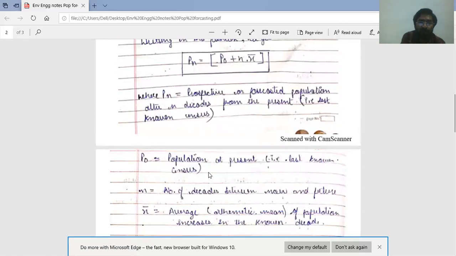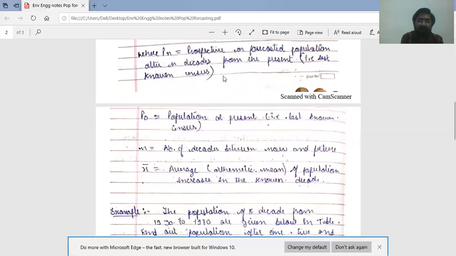P0 is the population at present, that is the last known census, and n is the number of decades between now and the future, and X bar is the average arithmetic mean of population increase, the average of the population increase in the known decades, like 3 decades or 4 decades.